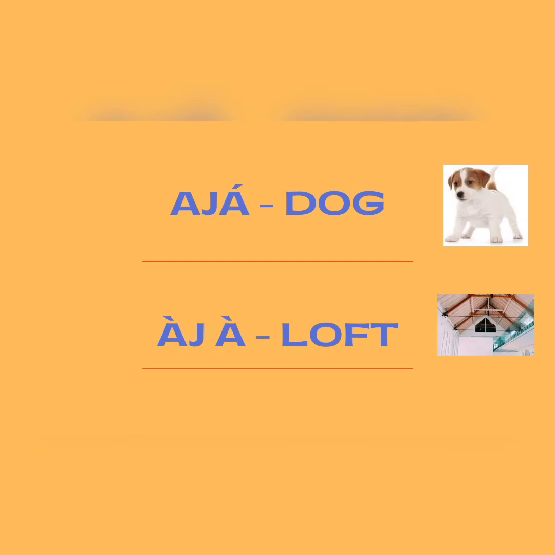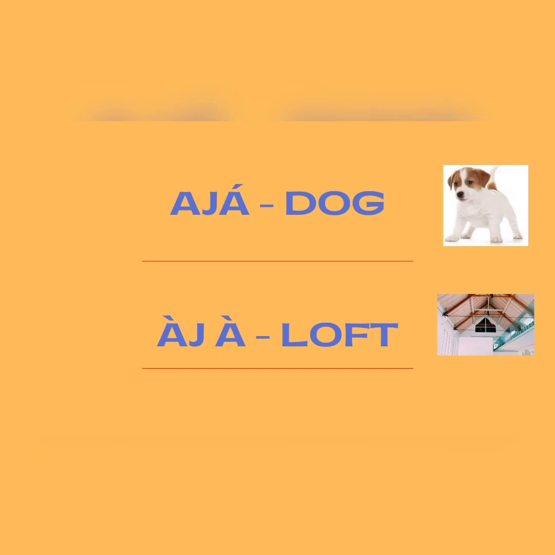Now look at the following word. The same spelling but different marks. The marks on the next word is do. Aja, and that means loft.